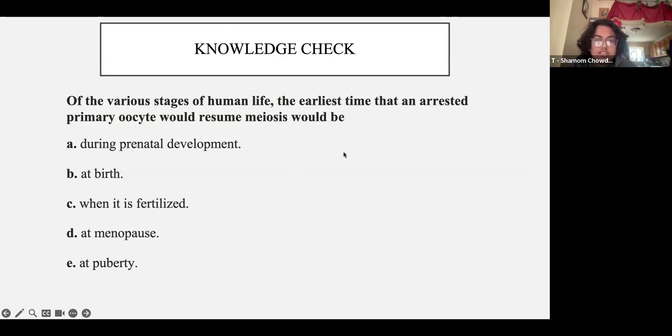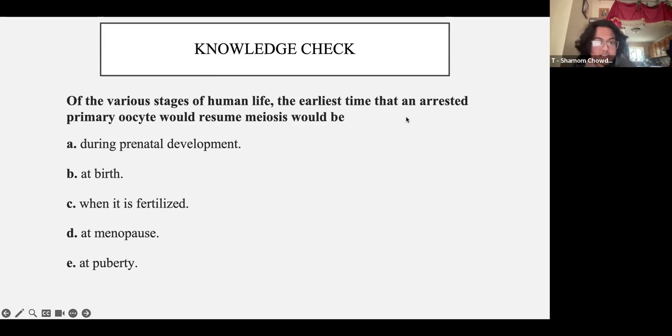I see some people replying C, some people saying A, one person said E. So we're kind of split. I'll give it 10 more seconds. So I'll say the correct answer. The correct answer is actually Brandon with E.